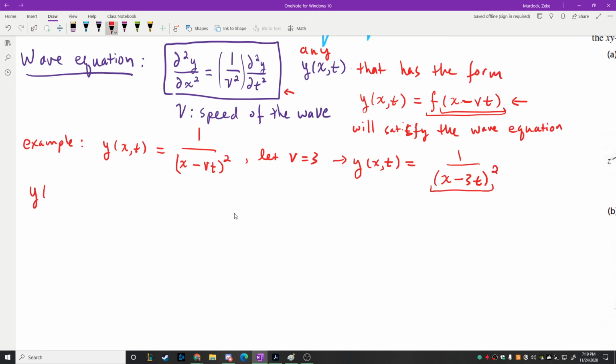So our function y of x and t is equal to basically x minus vt to the negative 2, right? If I take del y del x of this, I'm going to get negative 2, and then add 1 to the power.